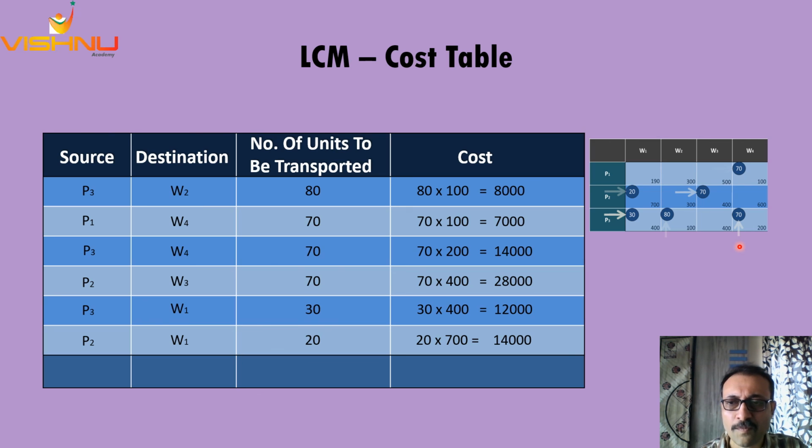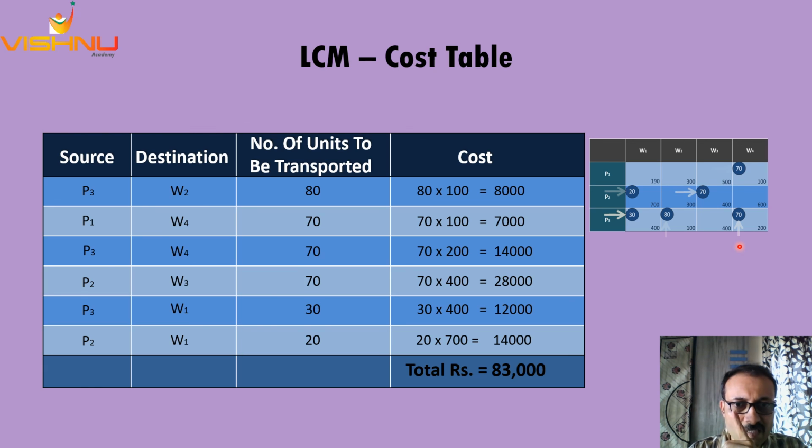Now that we have plotted figures and details for all the transported cells, let's pull down the total for this particular table. So the total according to this particular method comes to 83,000, which is different from the total that we had arrived at using the earlier two methods.